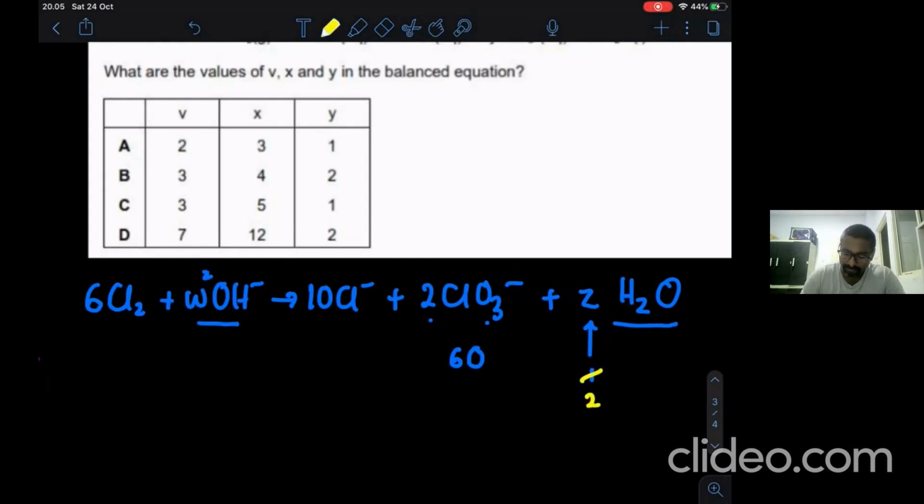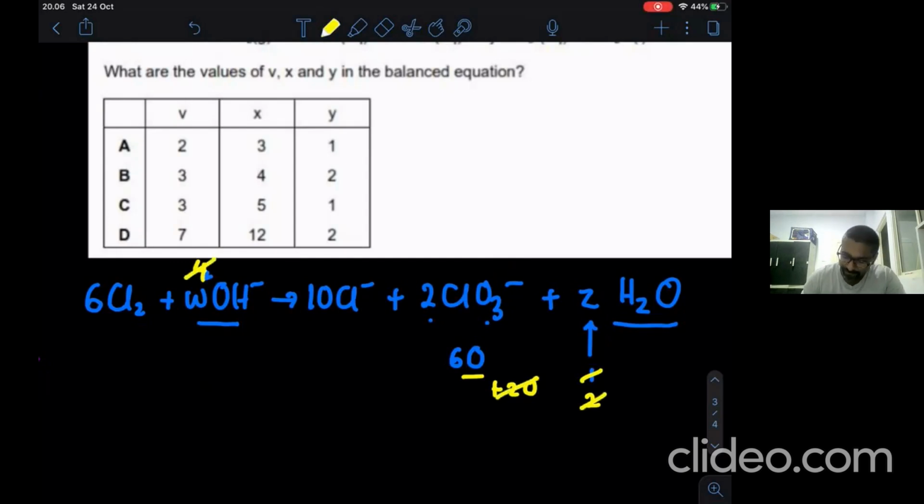I have 6 oxygen, and if I put 2 there, I have another 2 oxygen, so a total of 8 oxygen. With 2 there, the hydrogen becomes 4, so I need to put 4. Then I will only have 4 oxygen on my left hand side. Not suitable also.